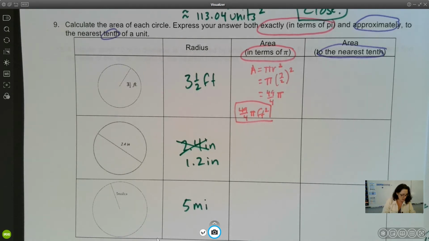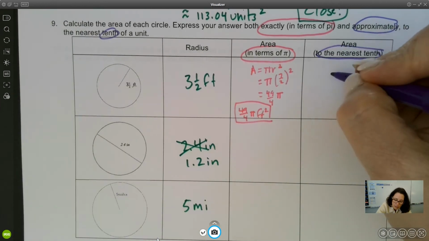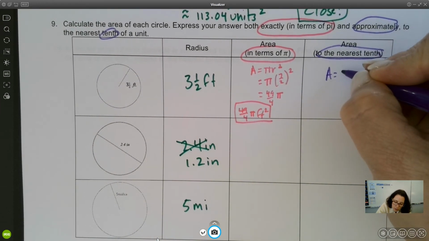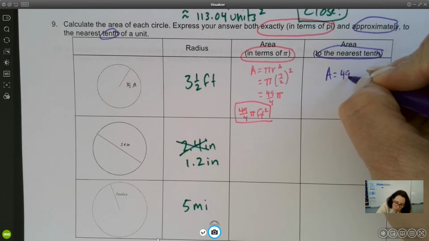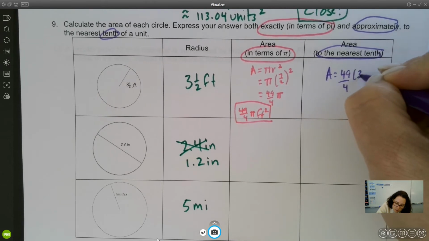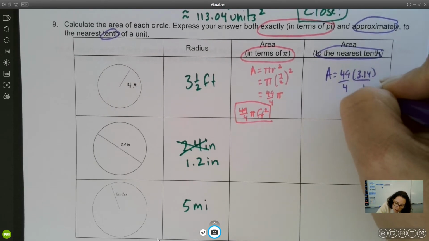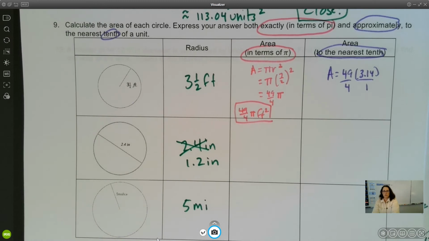Okay. All right, now popping that in a calculator, you're going to do 49/4. That's what you're going to do in the calculator. So you're going to do 49 times 3.14 divided by 4.